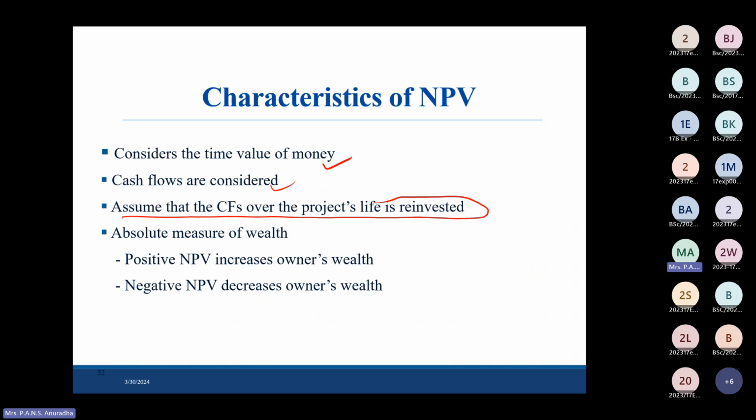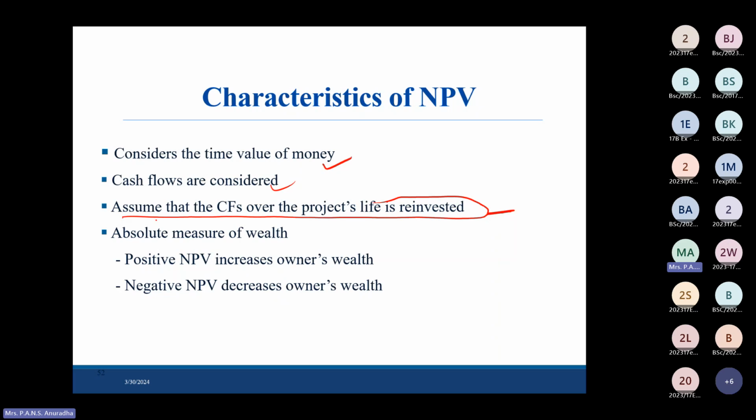We assume that during the life of the project, cash generated by this project is reinvested at least at the cost of capital of the project. This assumption is very important. Without this implied assumption, the calculated NPV is not correct.